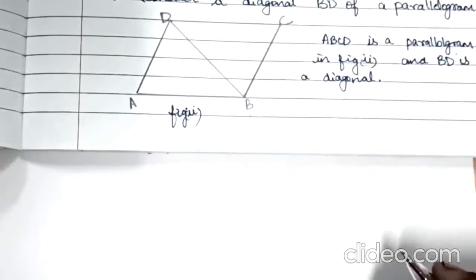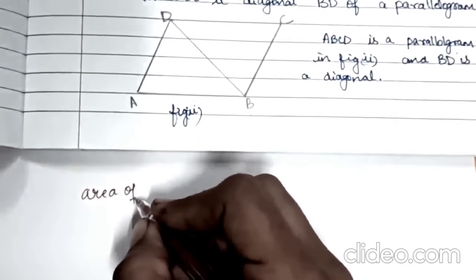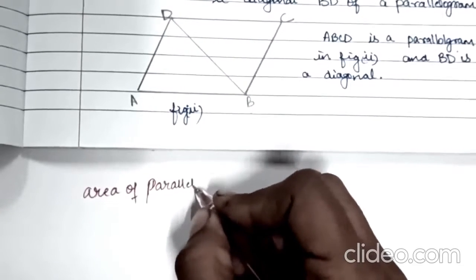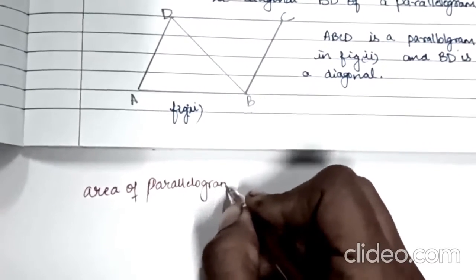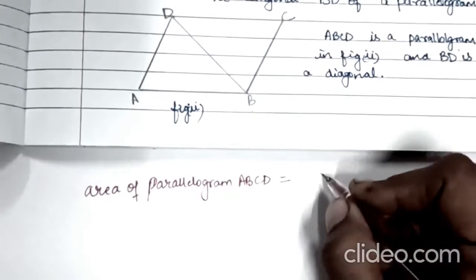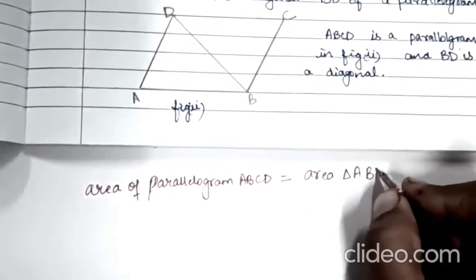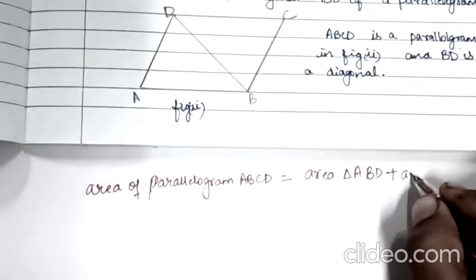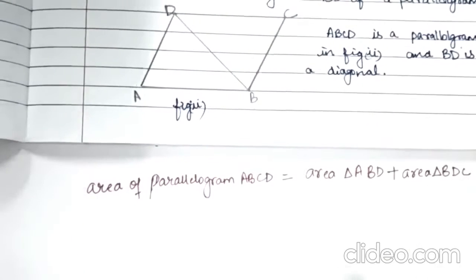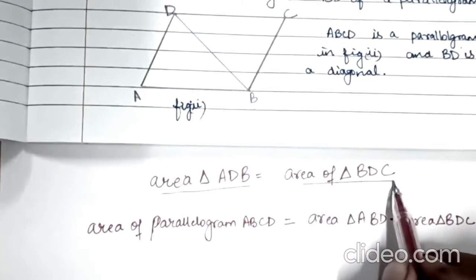Now, area of parallelogram ABCD can be written as the sum of area of triangle ABD plus area of triangle BDC. These two triangles have equal area.